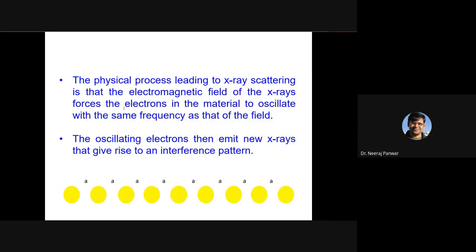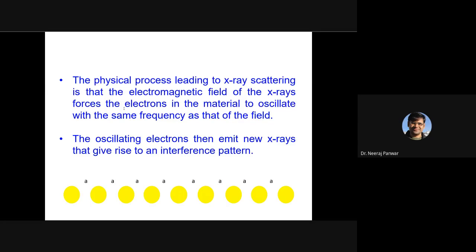In Bragg's law we have verified the diffraction condition, but we don't know how this X-ray is interacting with atoms, with electrons and so on. That we will study now. And before studying that, we would like to study the Fourier analysis of a periodic function.